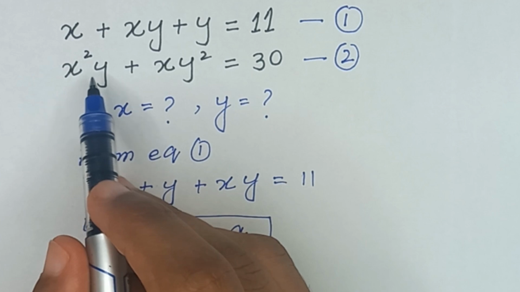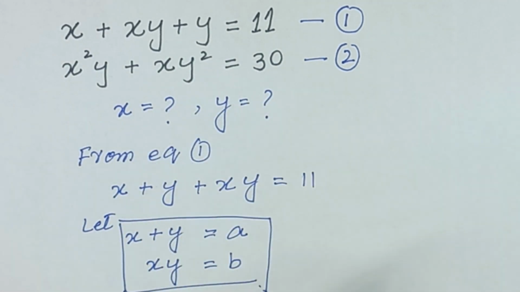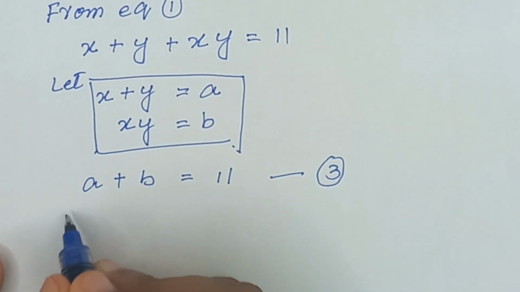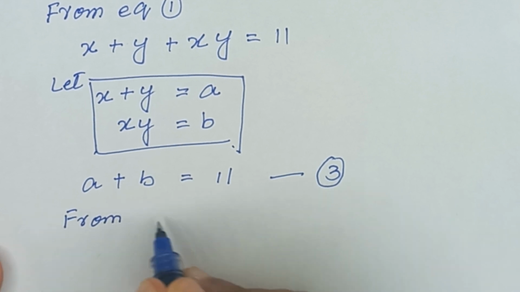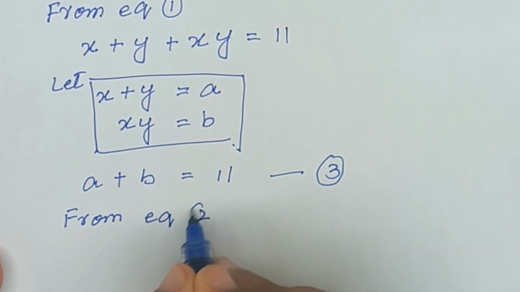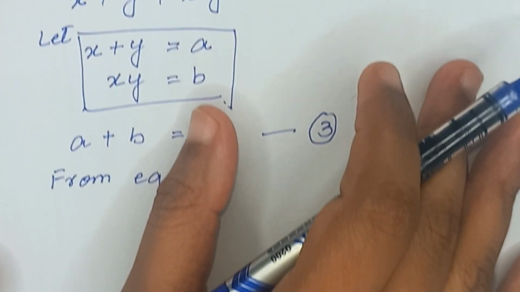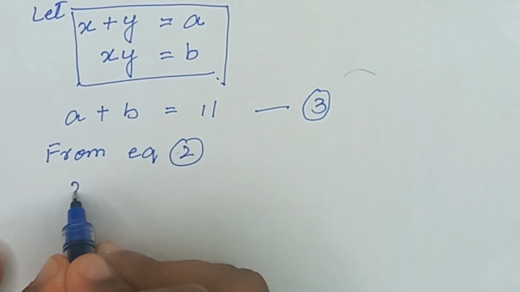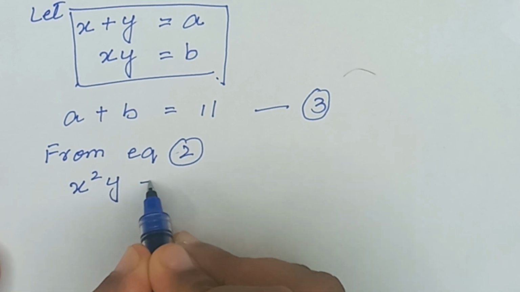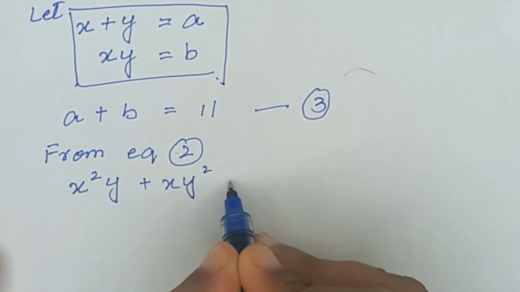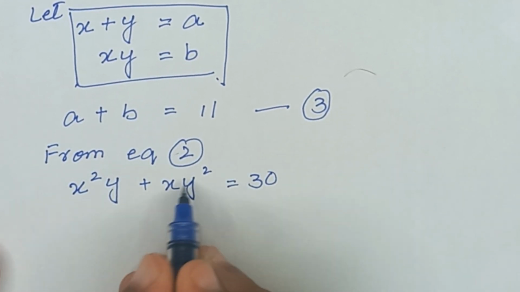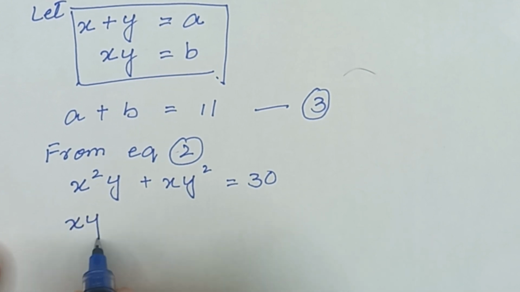Now our second equation is x square y plus xy square is equal to 30. From these two terms, x and y is common here.